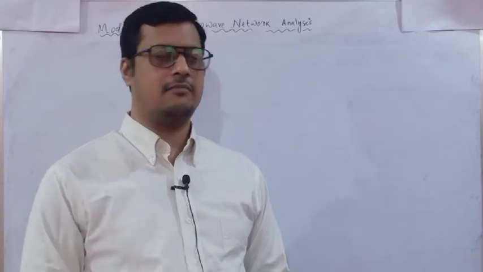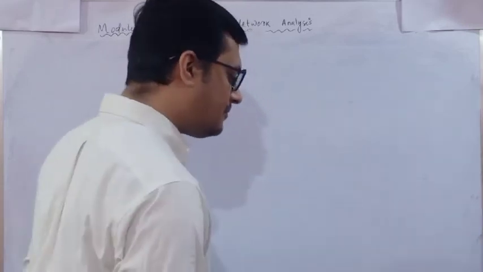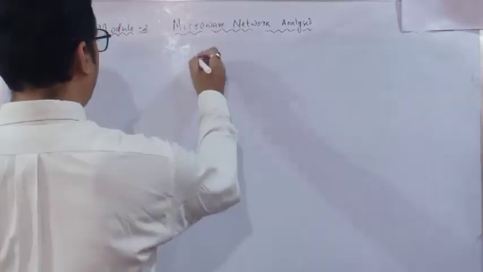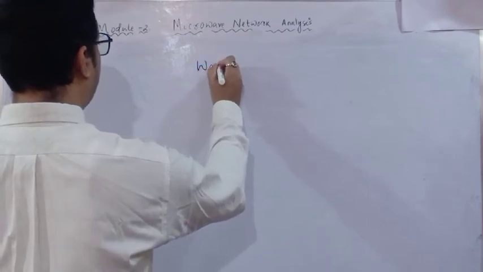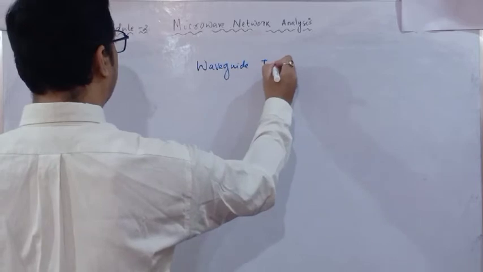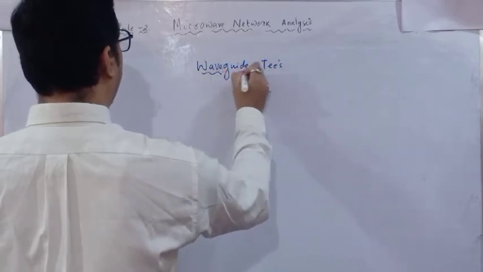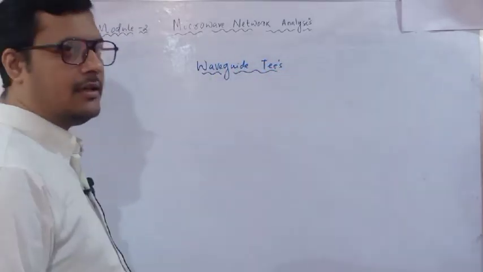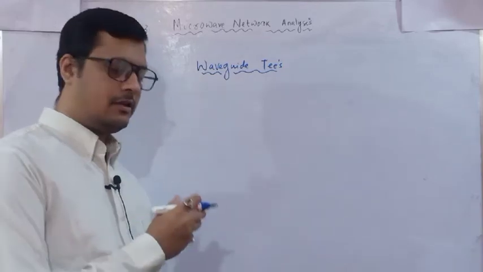T junctions are called waveguide T's. These waveguide T's are basically different types of T networks.